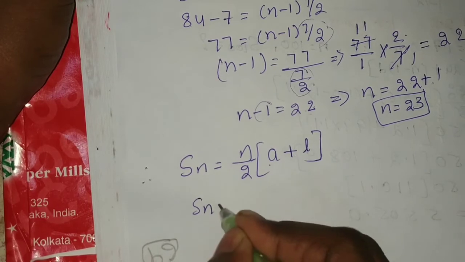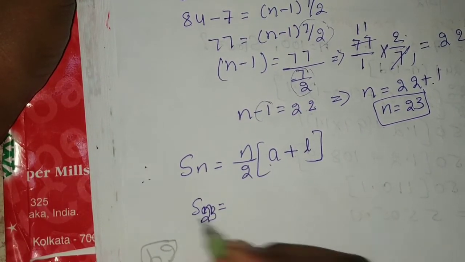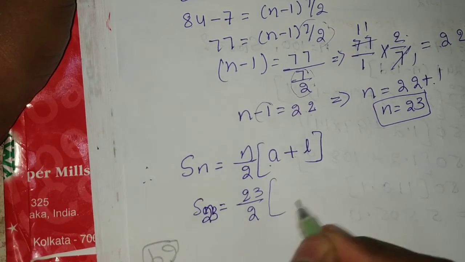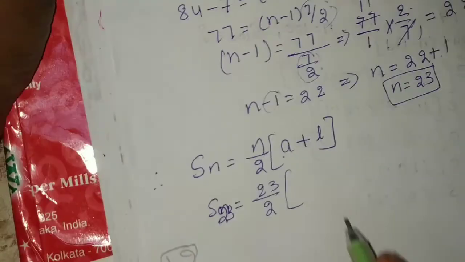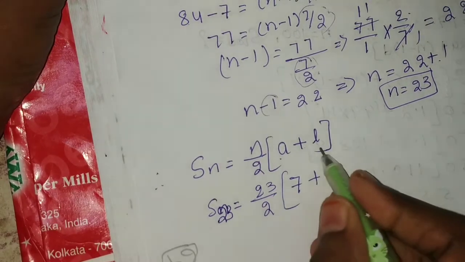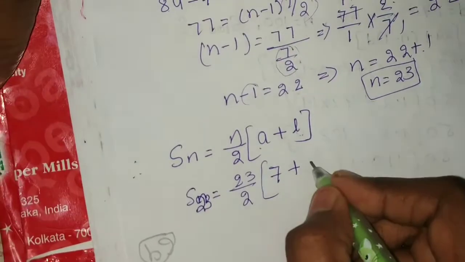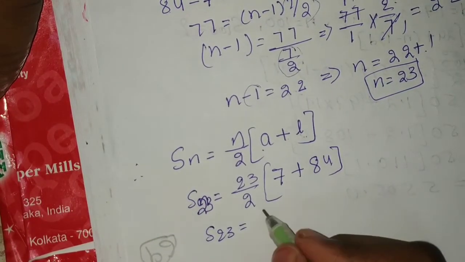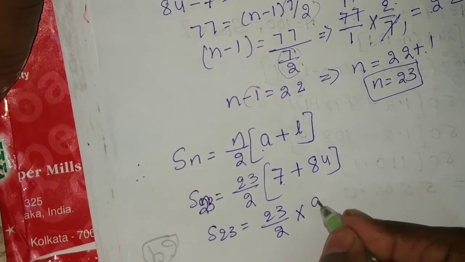Sn is equal to, what is n? n is 23, no? Write down here. S23 is equal to 23 divided by 2 into, what is the first term here? First term is 7 plus last term. What is the last term? 84. Write down here 84. Very simple. So S23 is equal to 23 divided by 2 into 84 plus 7, we get 91.